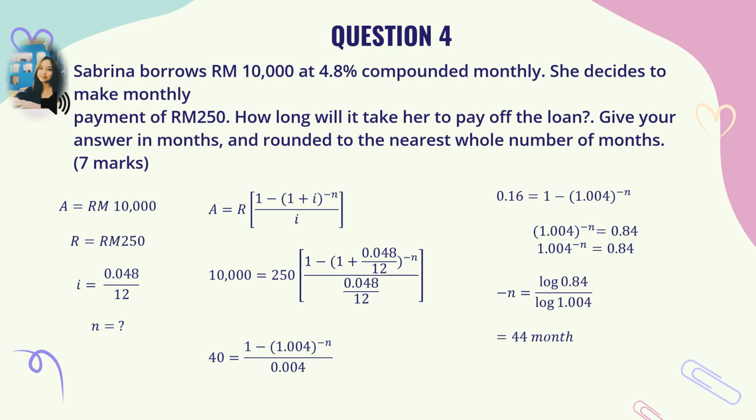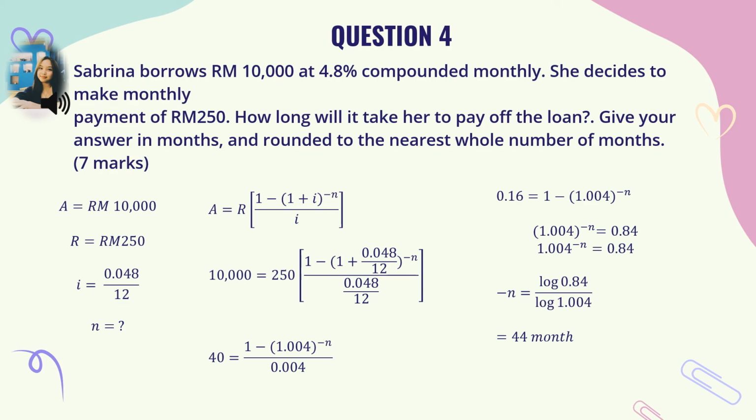N is how long it will take her to pay off the loan. 10,000 equals 250 bracket 1 minus bracket 1 plus 0.048 over 12 bracket power negative n over 0.048 over 12. 40 equals 1 minus bracket 1.004 bracket power negative n over 0.004.